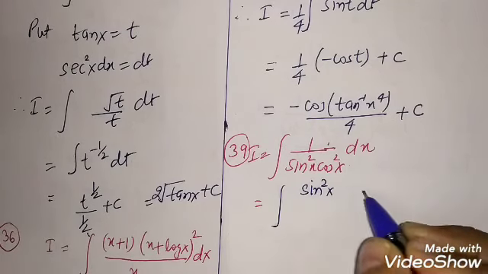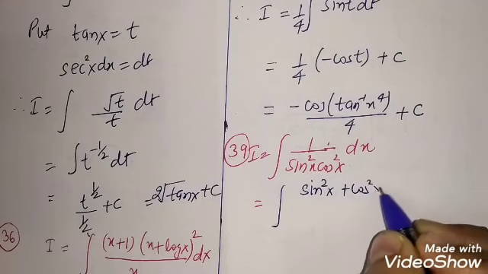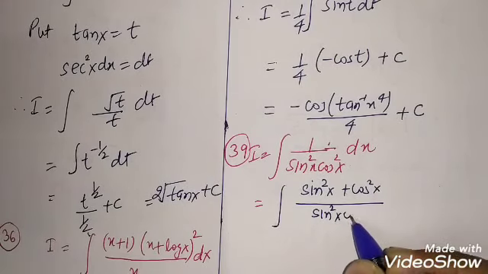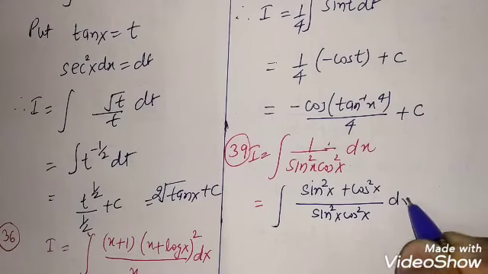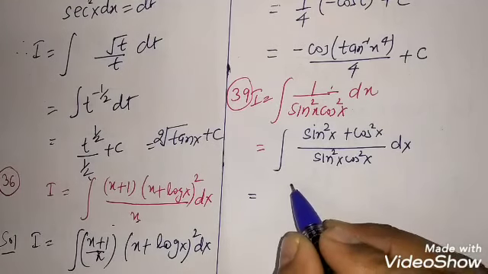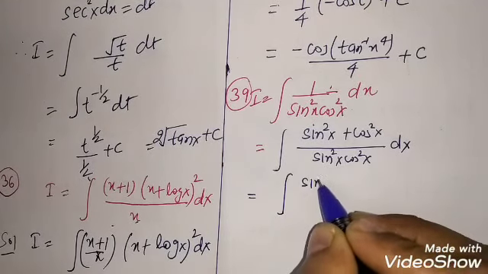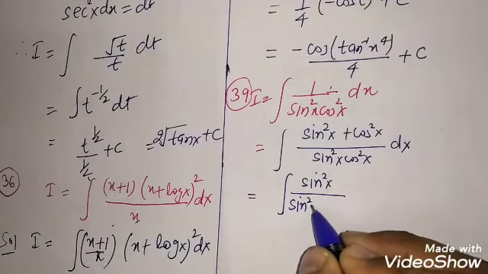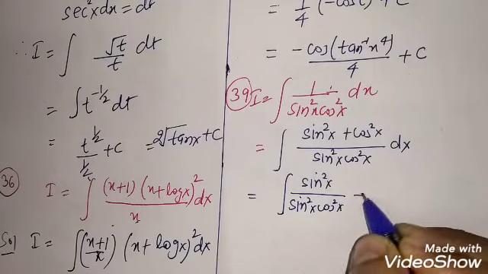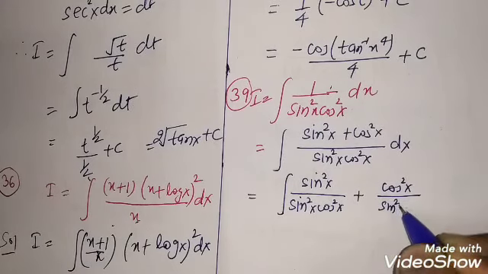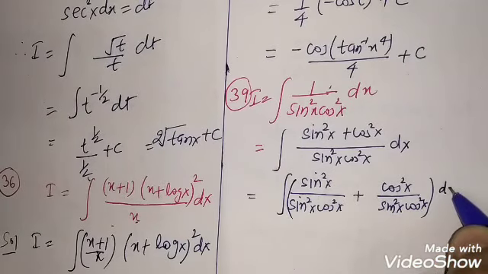This is sine square x plus cos square x upon sine square x cos square x dx. Dividing separately, we have sine square x upon sine square x cos square x plus cos square x upon sine square x cos square x dx.